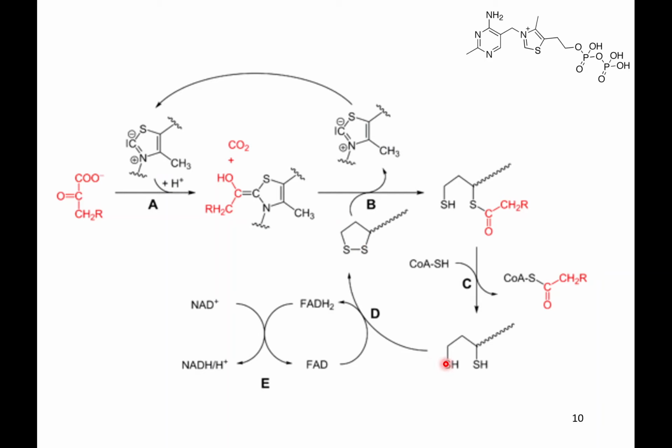When lipoic acid has hydrogens on it, that's when it's reduced. Those sulfhydryl groups tell you it's reduced. When you have that disulfide bond in lipoic acid, that's when you know it's oxidized. So oxidized FAD and reduced lipoic acid will do an electron transfer between each other, and you'll get oxidized lipoic acid and reduced FADH2.